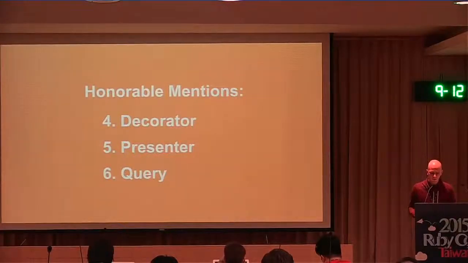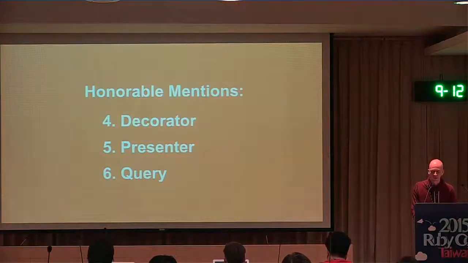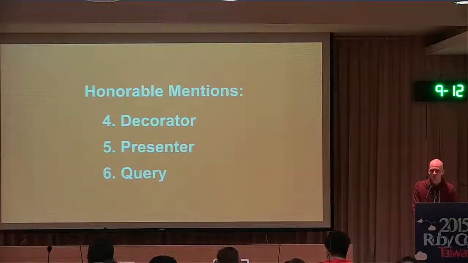So I would like to make some honorable mentions that didn't quite make it into this talk, but they are pretty well documented if you Google them after the talk. The first honorable mention is the decorator, which is more or less a one-to-one implementation of the decorator pattern.